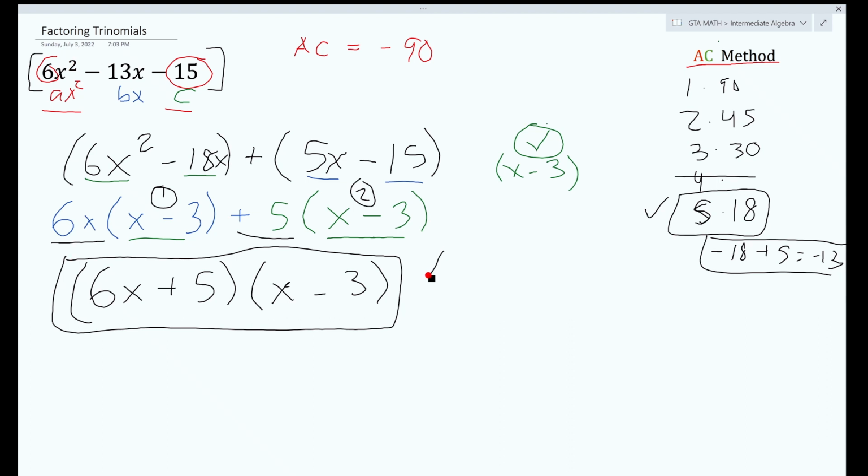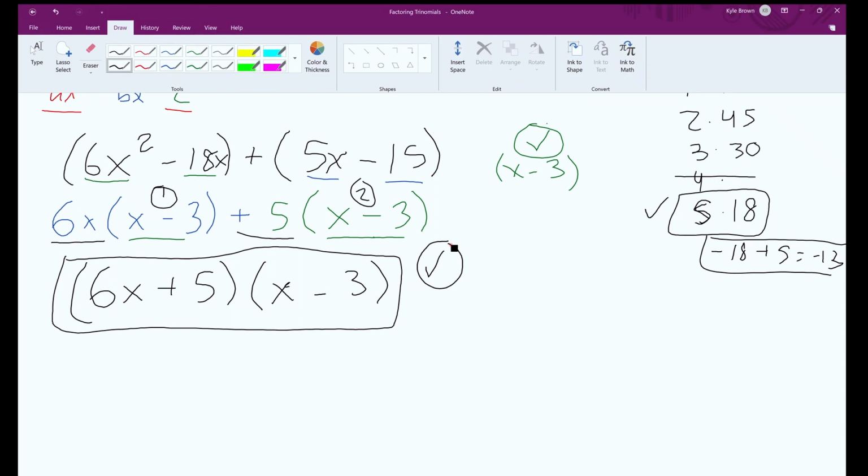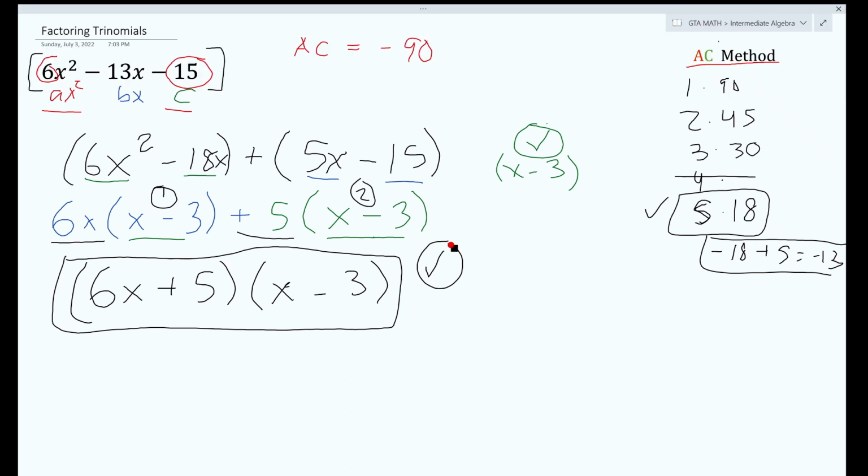But yeah, this is it. If you don't believe me, I'll factor it back out. Well, actually FOIL it. So I'll show you what that looks like. 6x times x is going to get us 6x squared, 6x times negative 3 is going to give us negative 18x. 5 times x is going to give us positive 5x. 5 times negative 3 is negative 15.